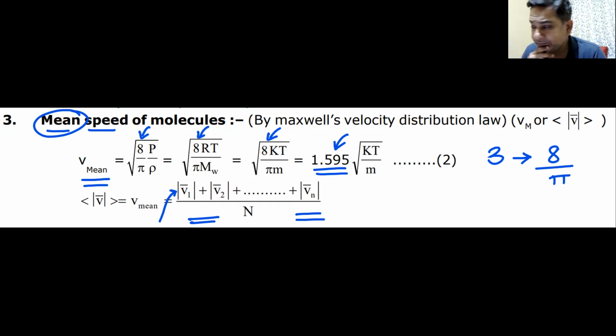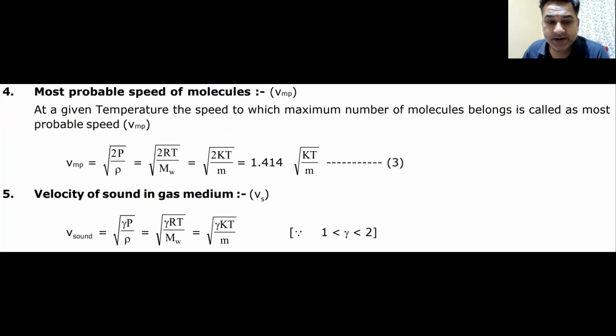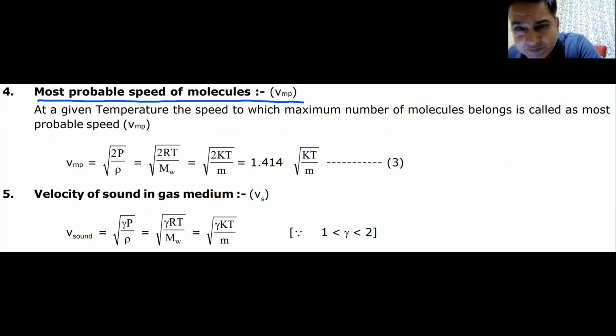Have you noted it down? Okay. Then I have the third type of speed, which is known as most probable speed, VMP. Now, what do you mean by this most probable speed? Well, in a gas, molecules are moving with all possible speeds from 0 to the speed of light.